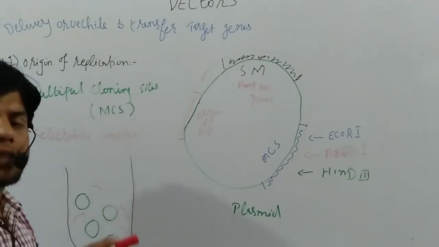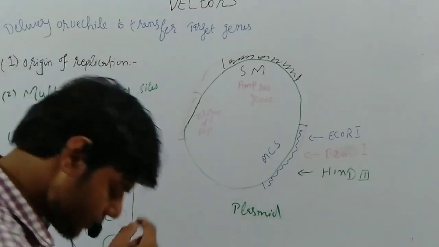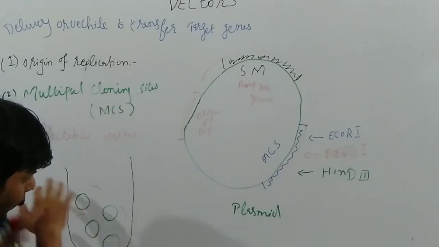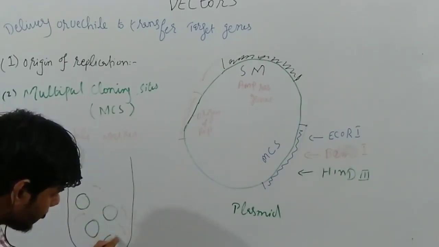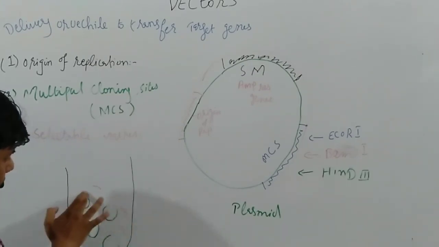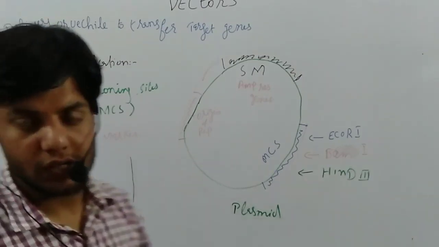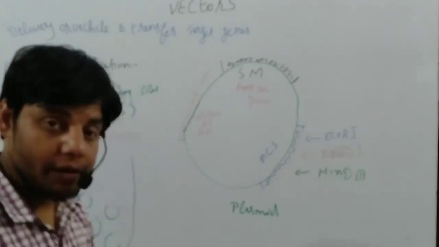Moreover, it also contains ligase enzyme, and some other enzymes as well, such as restriction enzyme. First of all, we add the restriction enzyme, due to which it can cleave the vector somewhere.